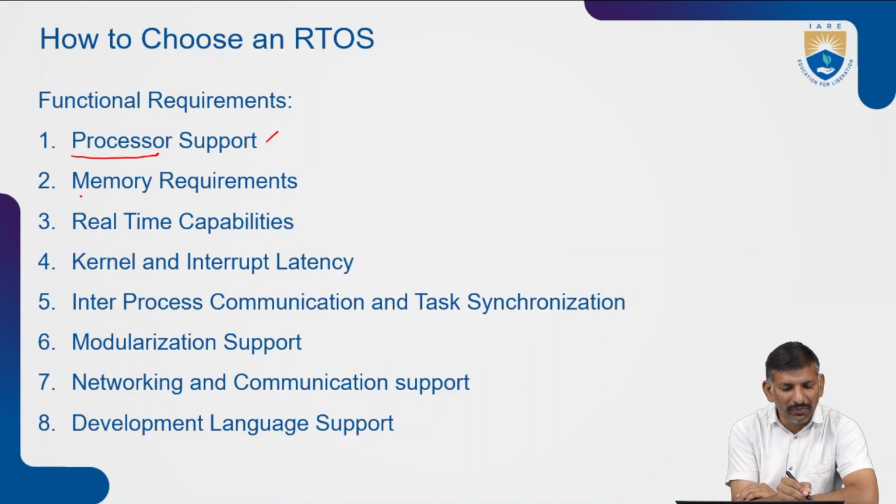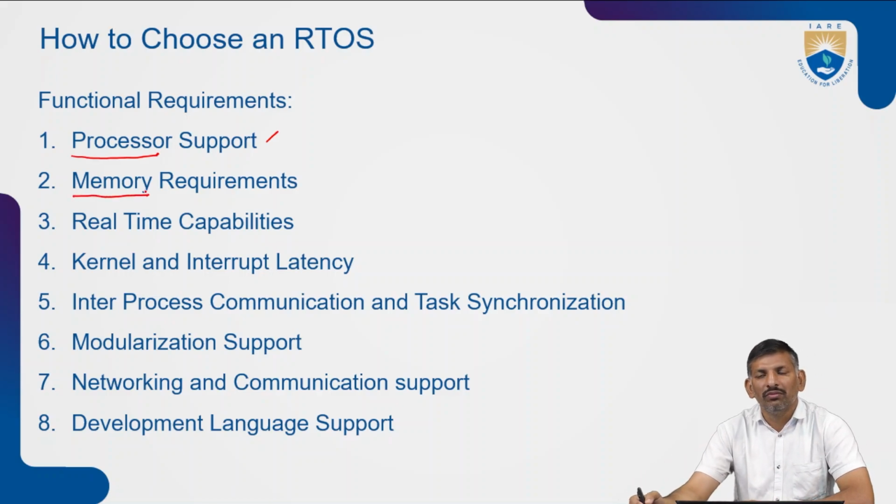Next, memory requirement. Whatever operating system we are choosing, it needs to be stored in flash memory or secondary memory devices, that is, non-volatile memory devices. At that time, the size of the OS must match our memory size. Suppose the operating system size is 10 GB, but the mobile's secondary memory is only 12 GB or below 10 GB, then it is not suitable.